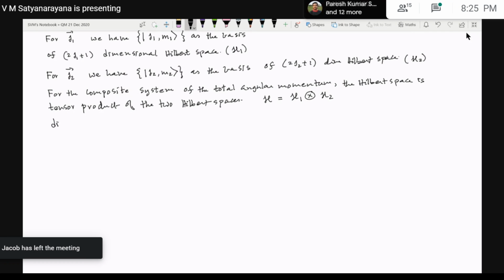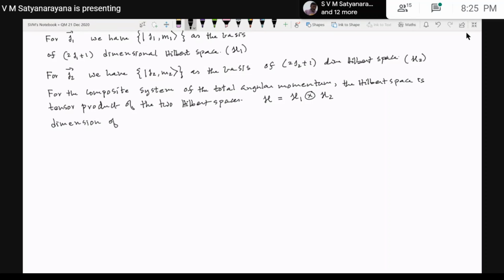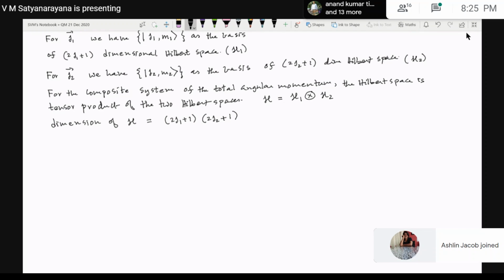So the dimension of the composite Hilbert space is equal to (2J1 plus 1) times (2J2 plus 1). This is the dimension of this Hilbert space.